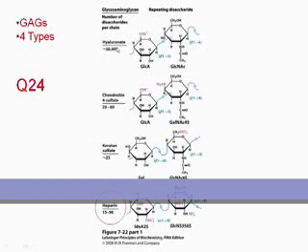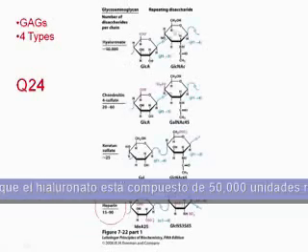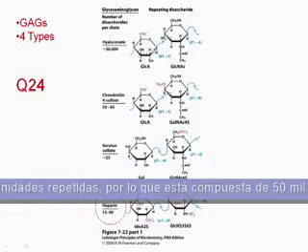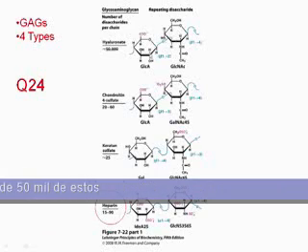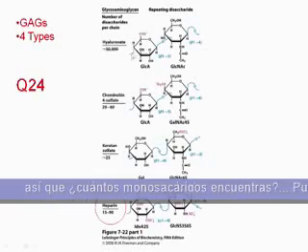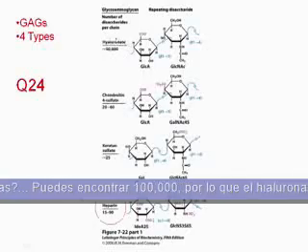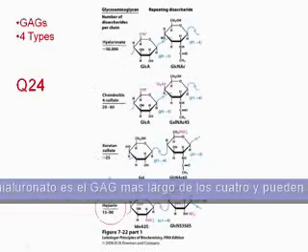Notice that hyaluronate is composed of 50,000 repeating disaccharide units. So you would see 50,000 of these right here. So how many monosaccharides would you find? You would find 100,000. So hyaluronate is the largest GAG of the 4.